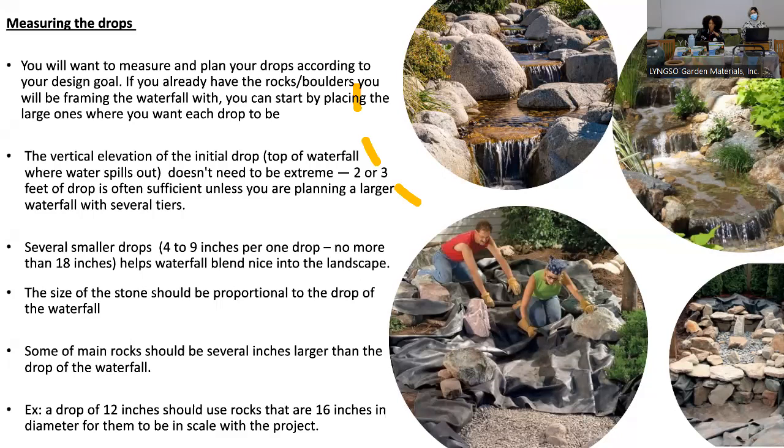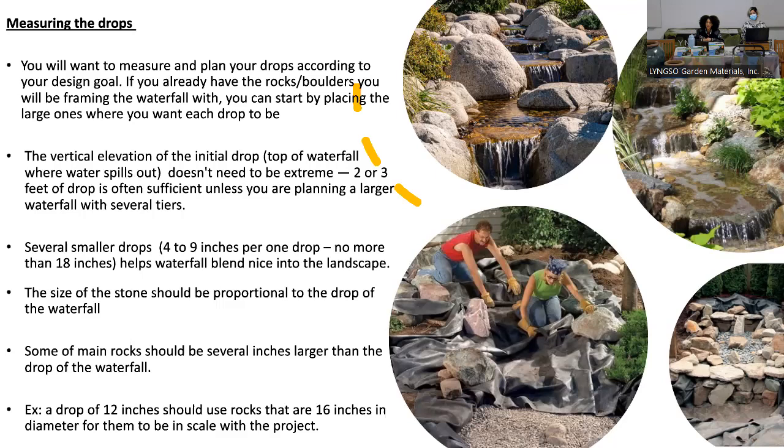And after the initial drop, several smaller drops that you can measure, usually 4 to 9 inches per drop, no more than like 18 to 20 inches, can help a waterfall blend nicely into the landscape.